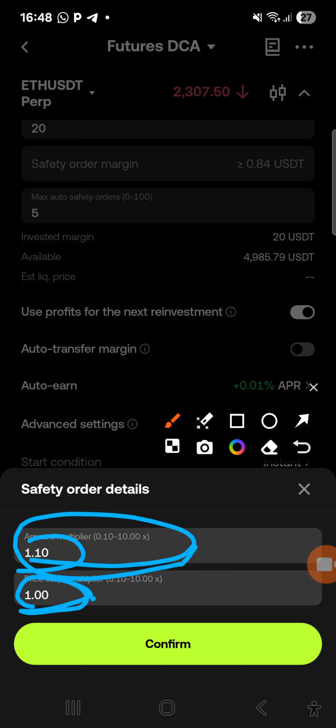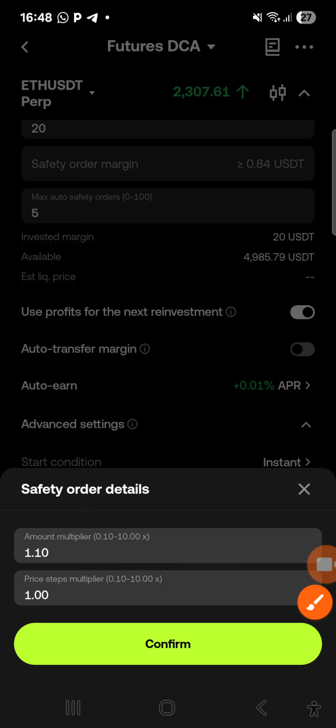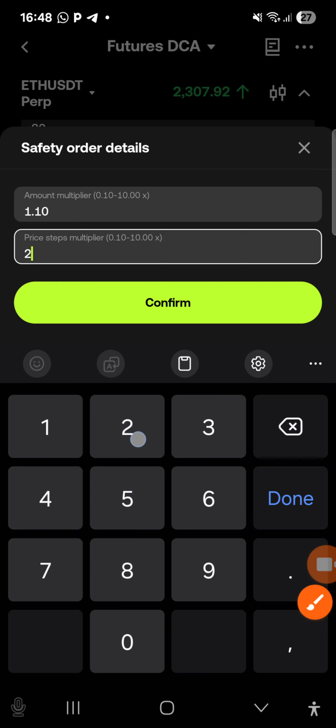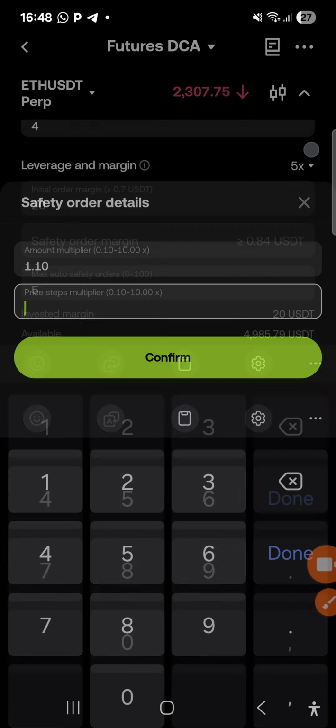When you put there 500, it will be multiplied by, for example, 1, as you see here. Or you can put 3, or 4, whichever you want.